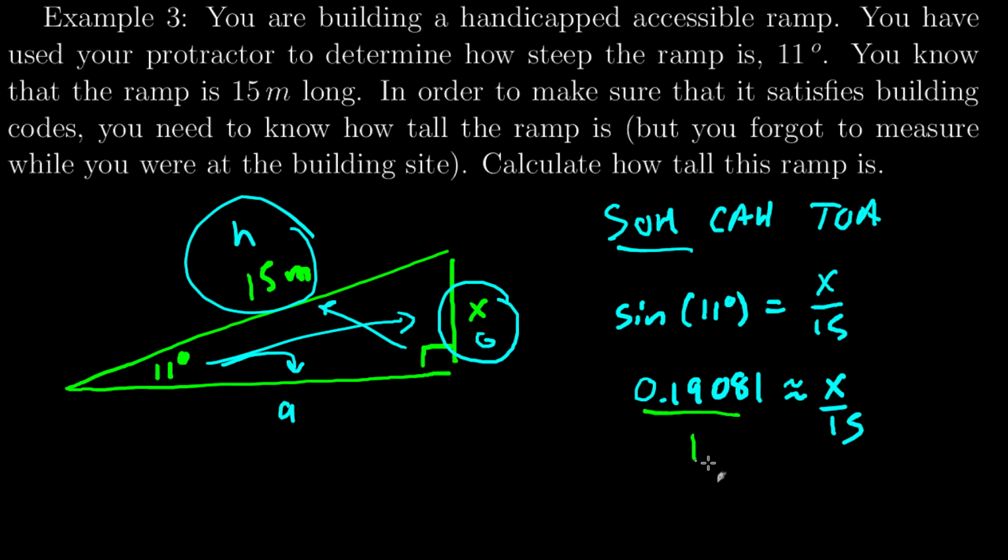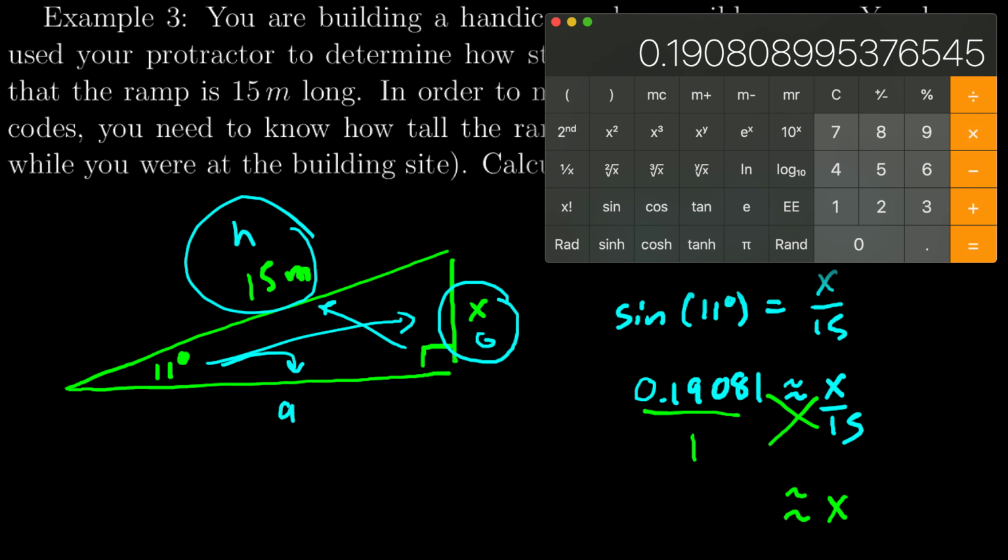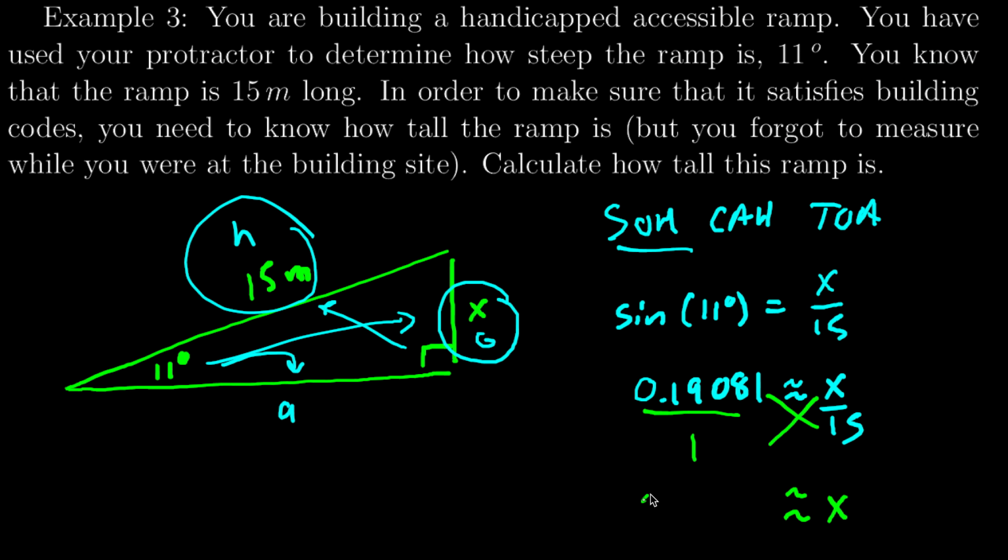I will set up the proportion, cross multiply. 1 times x is x, and 15 times that is approximately 2.862. And there's my answer.